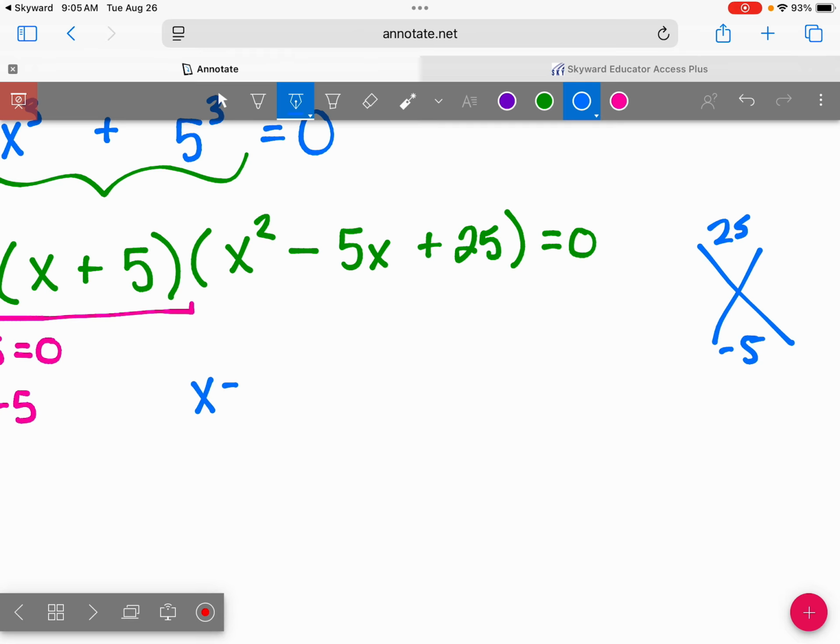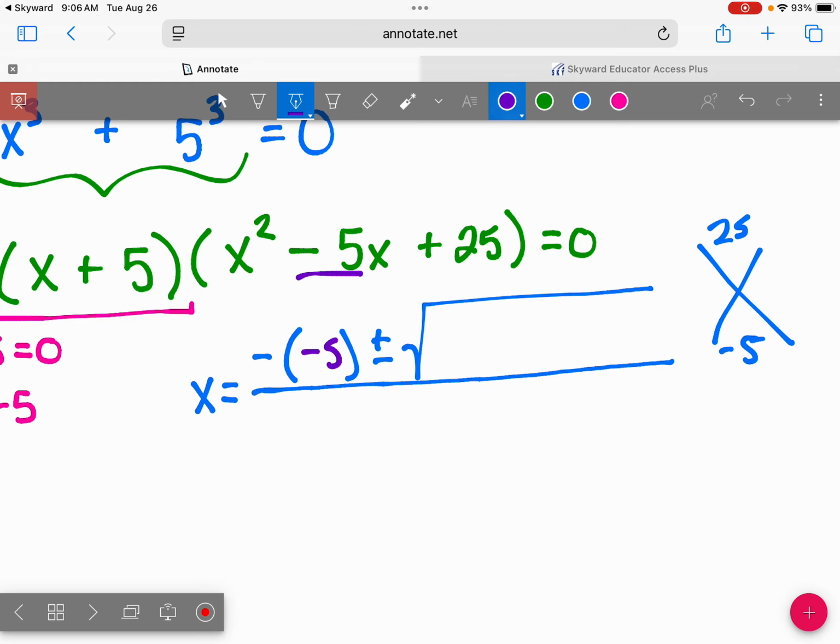We're going to find our x equals using our opposite of b, with our b being this negative 5, plus or minus the square root of our b, negative 5 squared, minus 4, times our a, which is 1, times our c, which is 25, over 2 times our a, which is 1. Fill in all the pieces, and then we're going to work to simplify it.